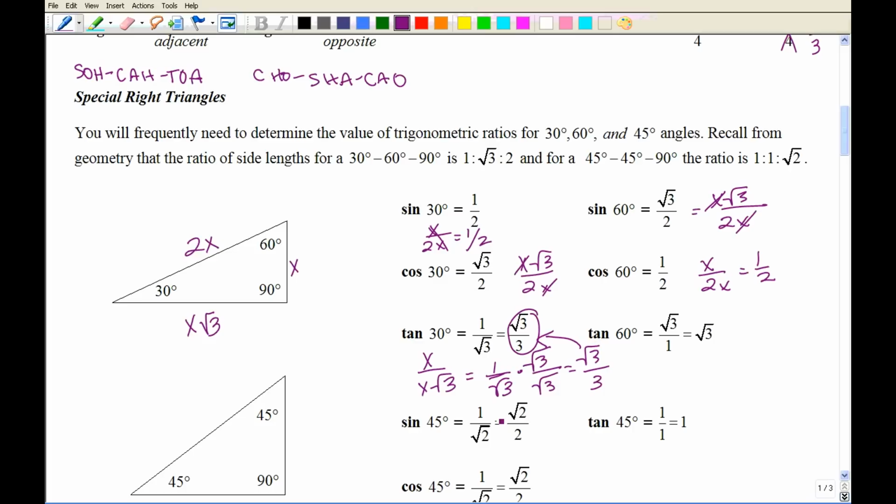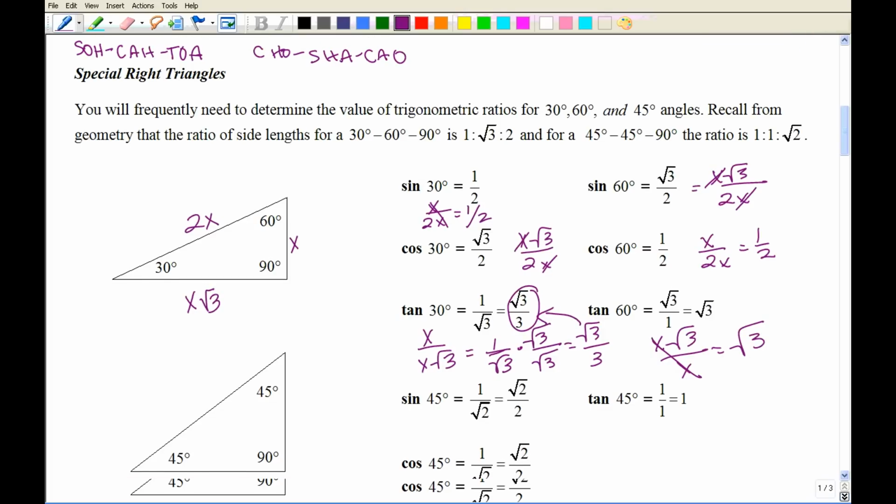This is what you would write down if it was asking the tangent of 30 degrees. And then the tangent of 60, that would be opposite, x square root of 3 over adjacent of x, that cancels out to just be the square root of 3. So that's how it'd work for a 30, 60, 90.